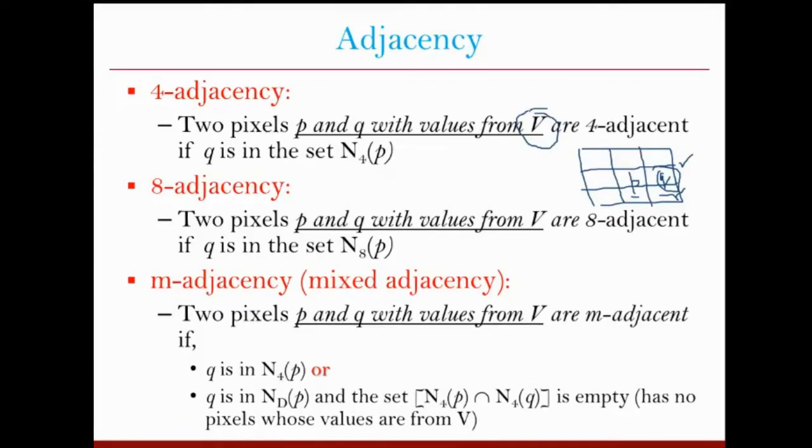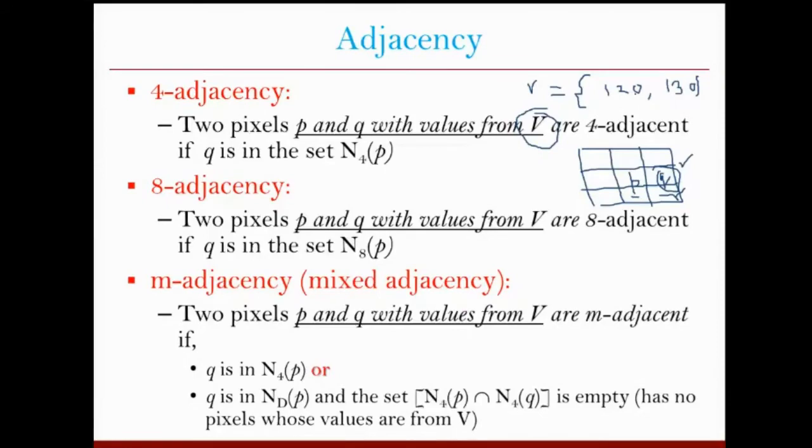All right. So let's say we assume that V contains the intensities from 120 to, let's say, 130. So if P and Q have intensities between these values, and let's say there's a set where you have 120, 121, 122, 123, like that, because these are integers.